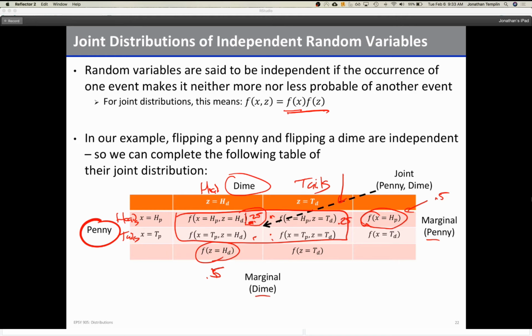And as it turns out, if these truly are independent, you'll see 0.25 on each of these, because each of the margins are at 0.5, and there's 0.5 here and 0.5 here. So this contingency table actually summarizes the joint distribution in the middle, and on each of the sides, or in each of the margins, it's the marginal distribution, right? The marginal distribution of the penny, marginal distribution of the dime. Again, because these are discrete random variables, these are probability mass functions. These are actual probabilities that show up in this table.